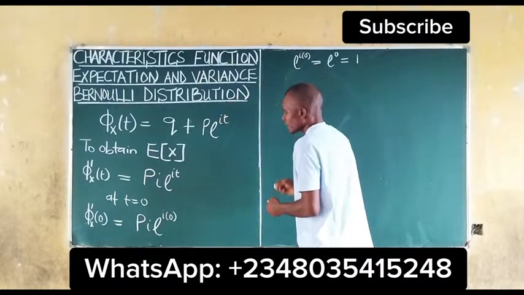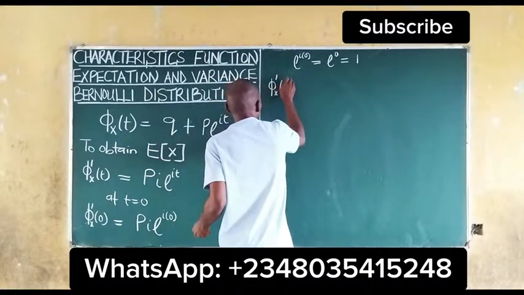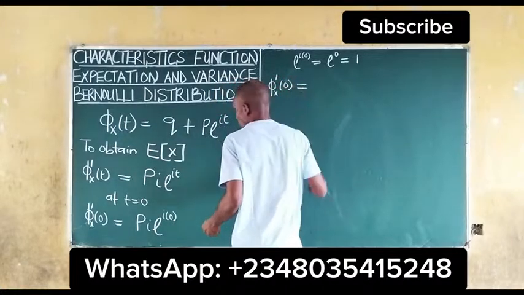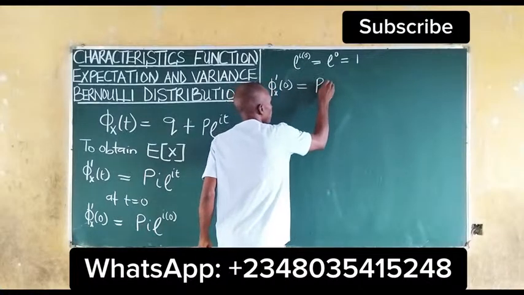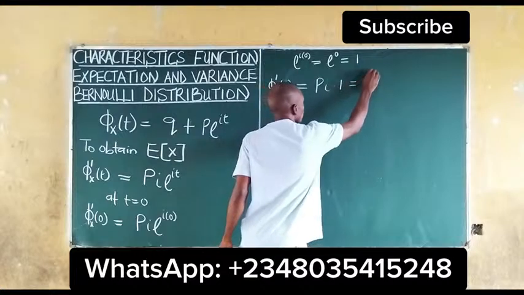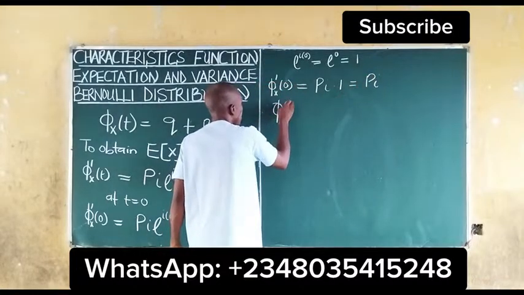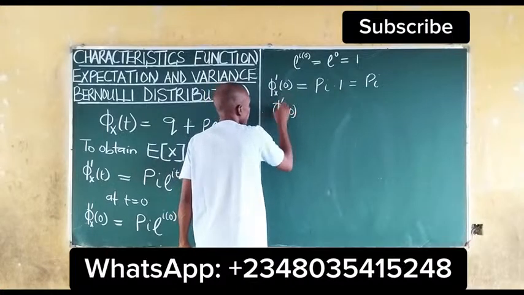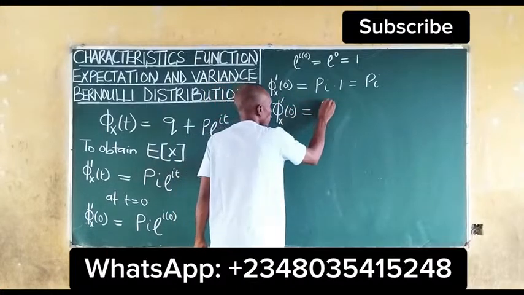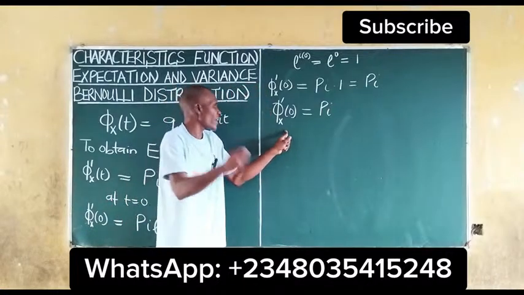So we can write our first derivative to be equal to p i multiplied by 1, which is equal to pi. Therefore, our first derivative is equal to pi. Now, we can write the expected value of x.